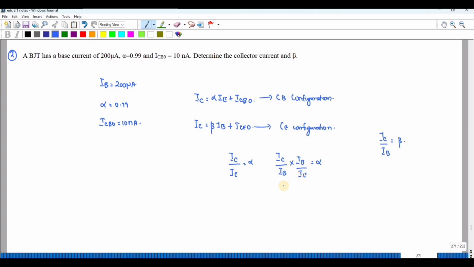And what is IE? IE is nothing but IC plus IB. So IC divided by IB into IB by IC plus IB is equal to alpha. Okay, so I can write IC plus IB divided by IB is equal to beta divided by alpha.